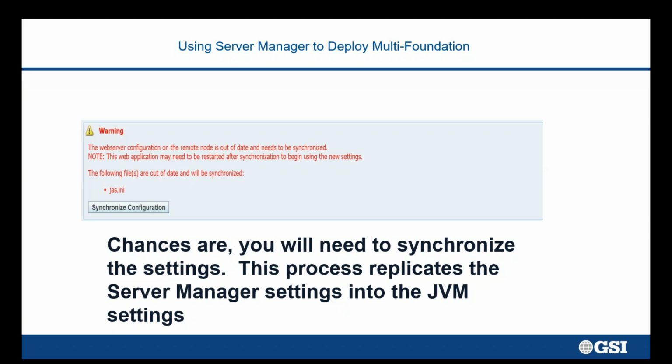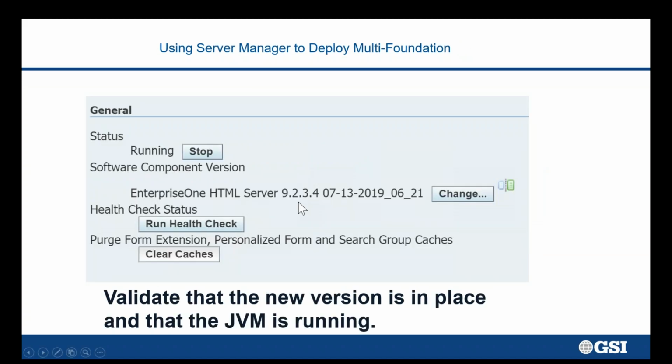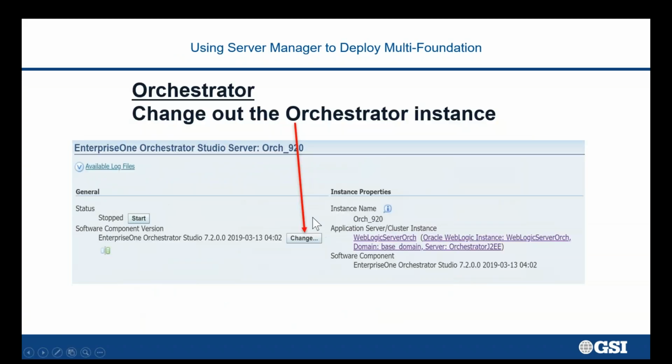The stuff sitting in the target, sitting in the agent folder, is not what is running. It's just the configuration point, and you'll have to synchronize this. So just click on it. It only takes a minute or two. Validate that you've got it, and it's running in place.